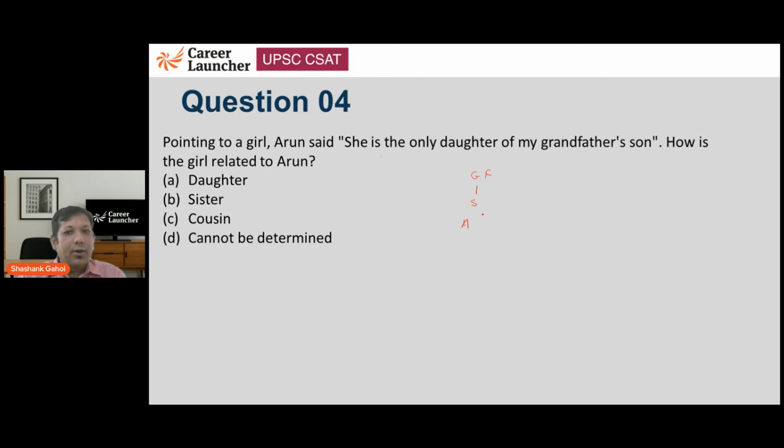Now grandfather's son means it's not saying grandfather's only son. So basically, let's say grandfather has two sons, right? So let's say Arun is son of grandfather's son, right? And she is the only daughter.